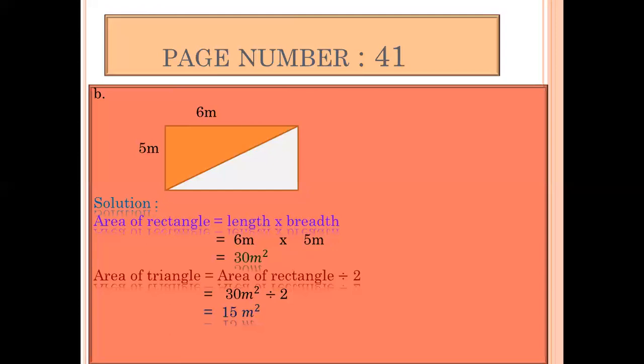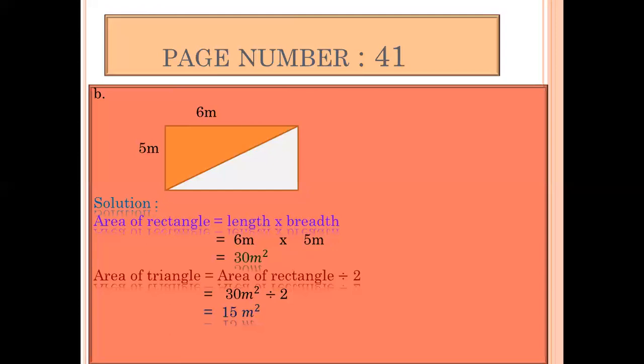Now we find the area of the triangle. What is the area of the triangle? Area of the rectangle divided by 2. 30 meters square divided by 2. When we divide 30 by 2, we get 15 meters square. Area of the triangle is 15 meters square.